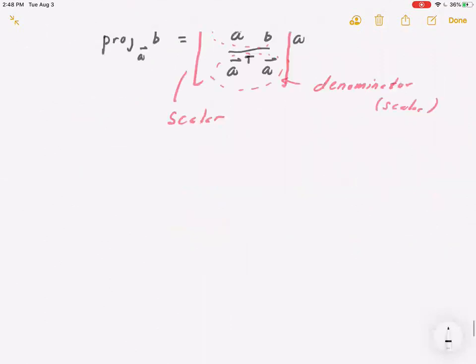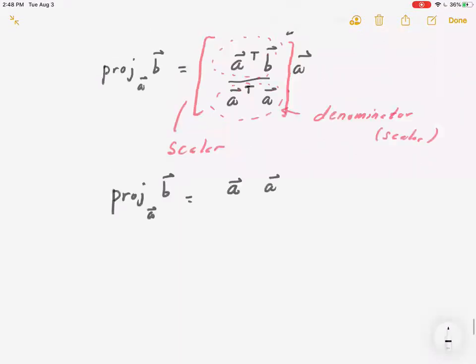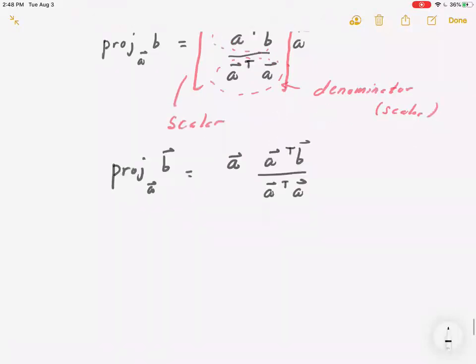So I could rewrite this expression for the projection of B onto the vector A as just A times this scalar, and I've done that because now I have something interesting.